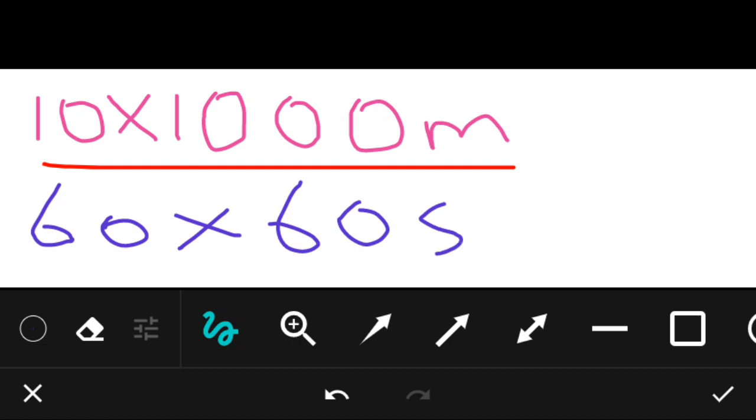When you multiply that, on top you're supposed to get 10,000. So 4 zeros, we need 4 zeros there.